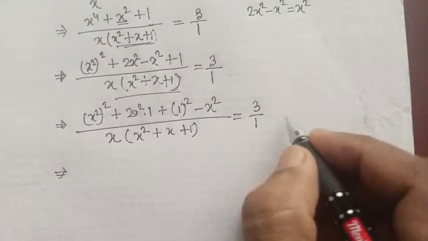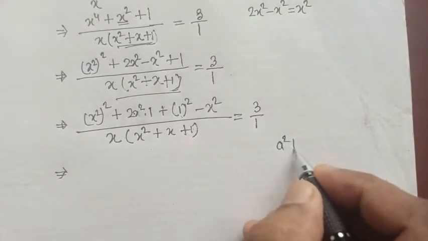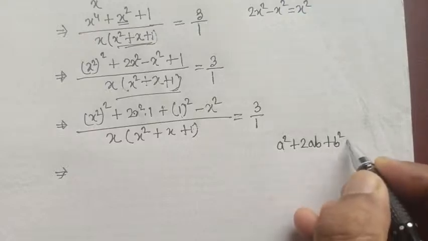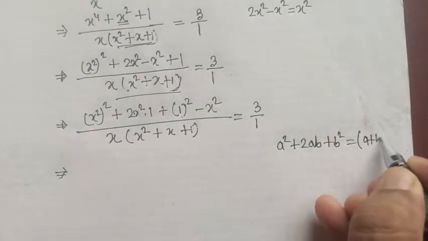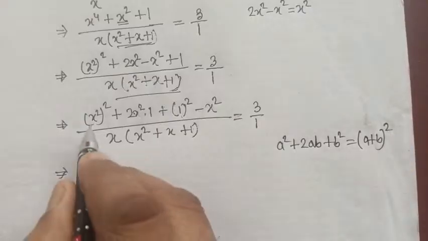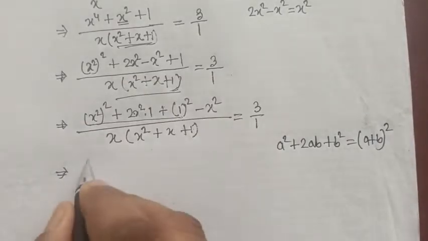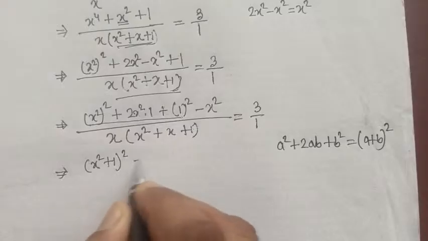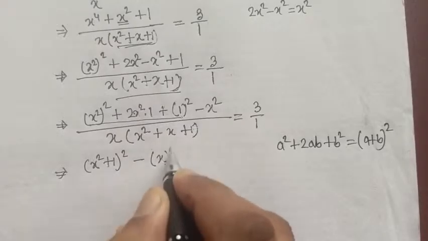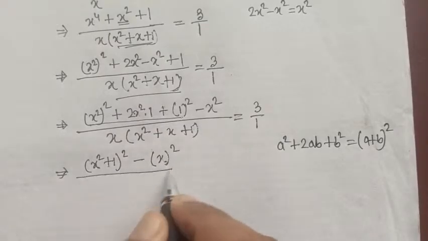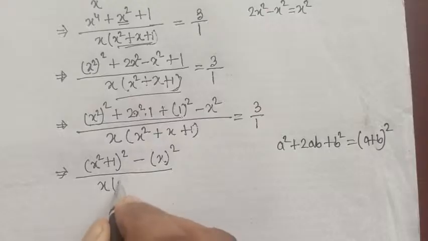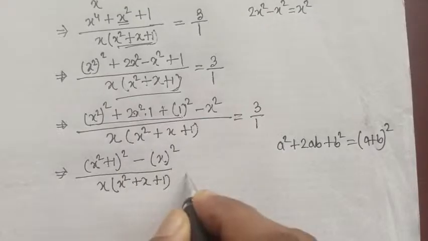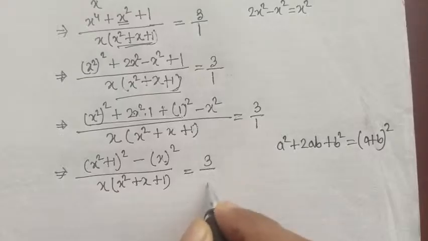Now we know the formula a square plus 2ab plus b square is equal to a plus b whole square. So we can write the expression here: x square plus 1 whole square minus x square, and the denominator will be the same, and it will be 3 by 1.